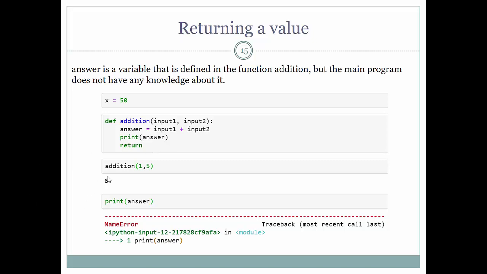So if we call the function and we add 1 and 5, that prints out the value 6. But we notice that we are not able to actually use the value 6, because when we try to print answer inside of the main program, we get an error.